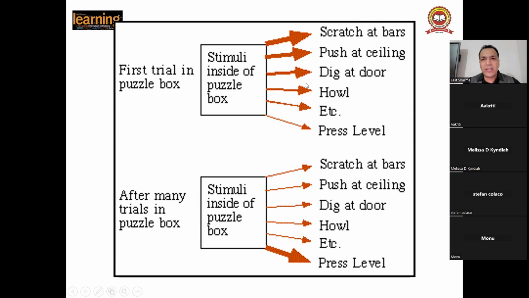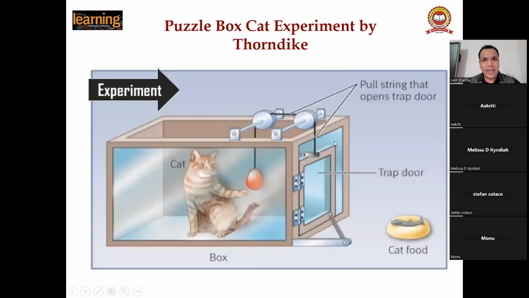Ultimately, these are all the actions the cat started, right? Because she was hungry, and fish was placed outside the cage. The cat started trying to come out and putting her head into the bar, and everything, she started doing such things.